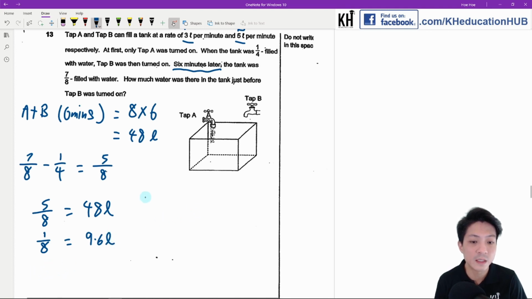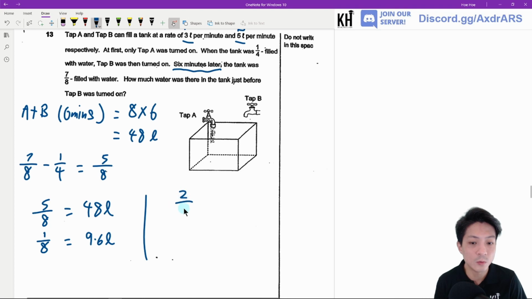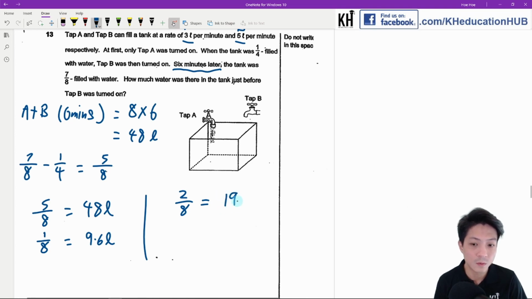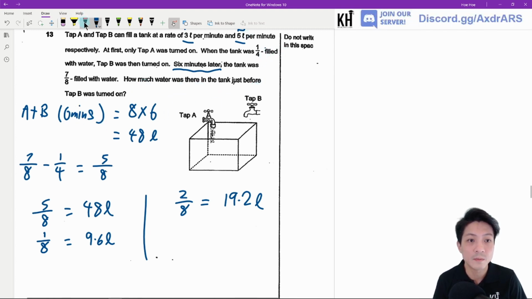And then after that, next I will find what is, oops, sorry, I need to find what is 2/8, which is a quarter. Okay, 19.2 liters. How much water was there in the tank just before tap B was turned on? So just before the tap was turned on, the tank was a quarter filled. Okay, so this is the answer.